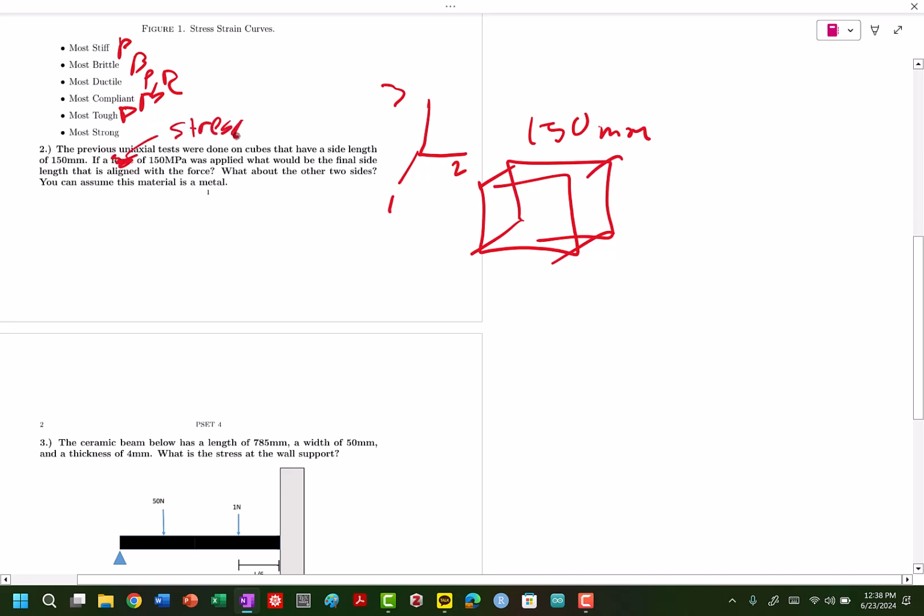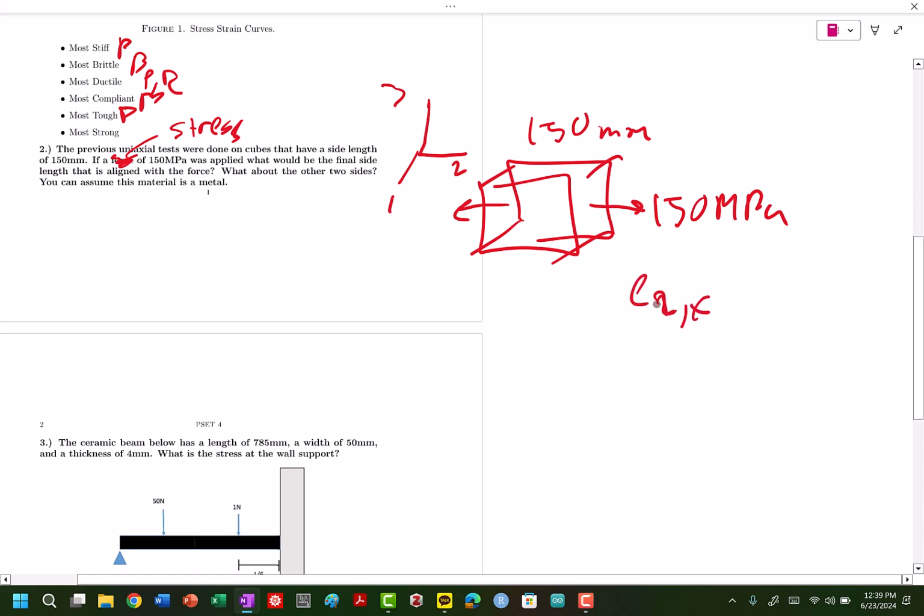We are going to make sure that before we post that assignment, we redo that. So if a stress of 150 megapascals was applied, what would be the final side length that is aligned with the force? Basically, if I apply this in tension, in the two direction, 150 megapascals, what would be the final length in the two direction?